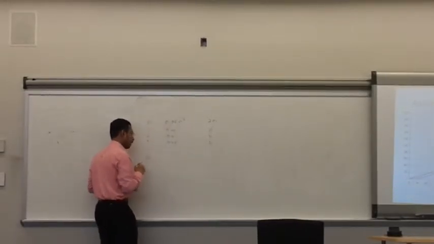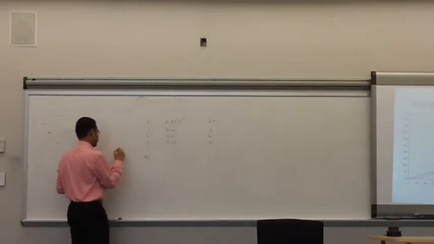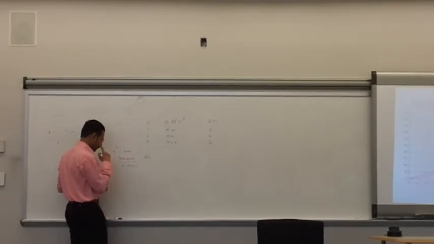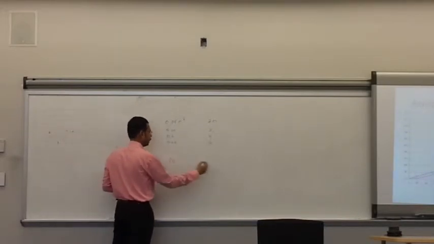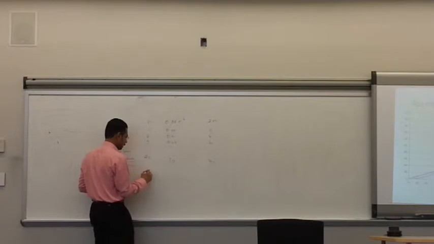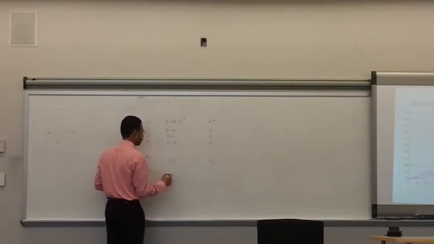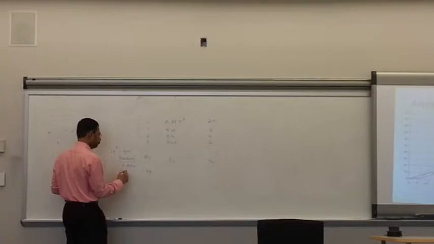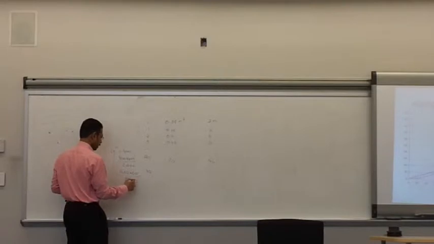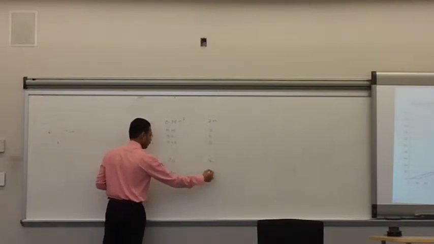You can try for 20 if you want. 20 square is 400. 400 times 0.05 is going to be 20, right? So this is 20 and this is 40. So you go up to 40 again, then 0.05 times 40 square is going to be 80, and this is also going to be 80.